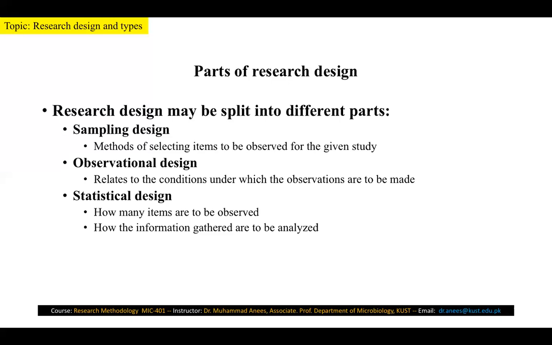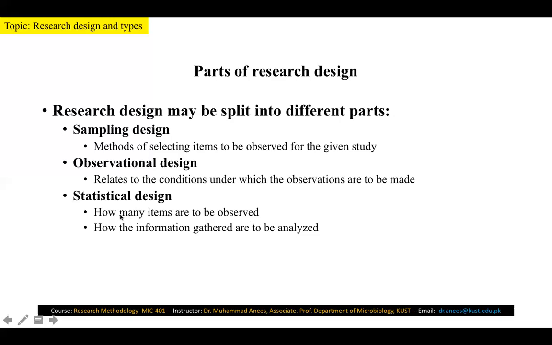And then the statistical design. As you know, we are selecting only a part of the population, and then we have to analyze only the part we selected. However, we have to generalize our observations, so that they answer questions relating to the whole population.